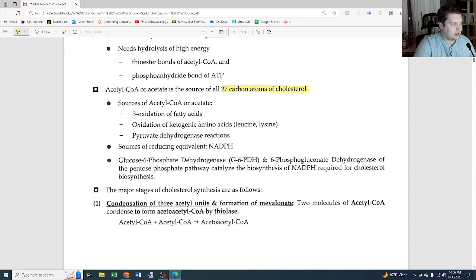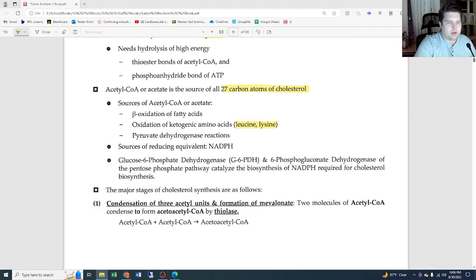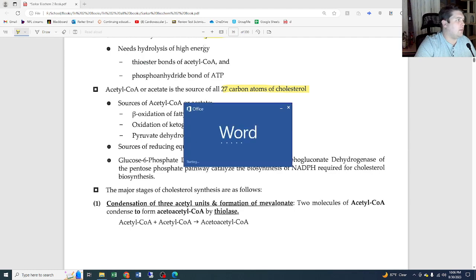The sources of that acetyl-CoA or acetate are the beta oxidation of fatty acids, as well as oxidation of ketogenic amino acids, leucine and lysine specifically. I believe there's another ketogenic amino acid. Let me real quick pull up my board notes because I know that it says it in there.